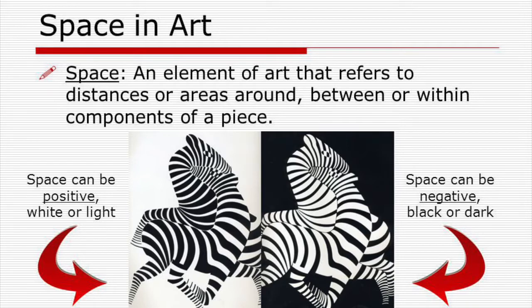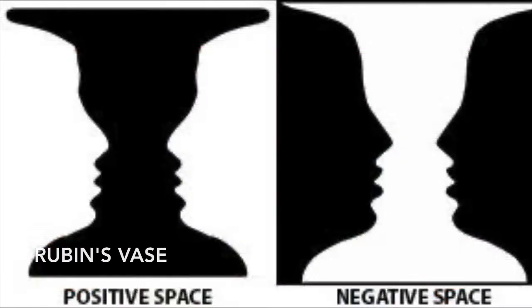A good way to demonstrate positive and negative space is by utilizing Rubin's vase. As you see, the vase occupies what would be referred to as positive space, and the space around the vase is negative space. Notice how the negative space is forming the silhouette of two faces in profile.